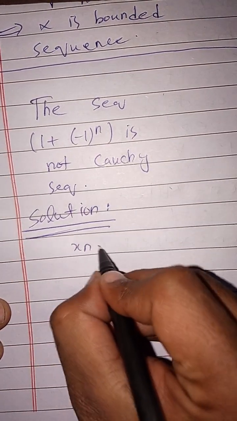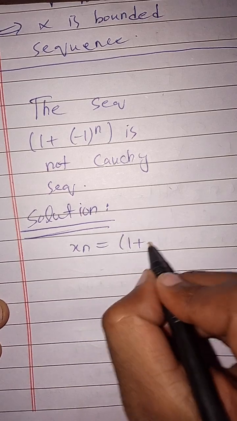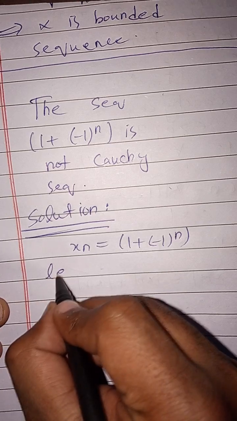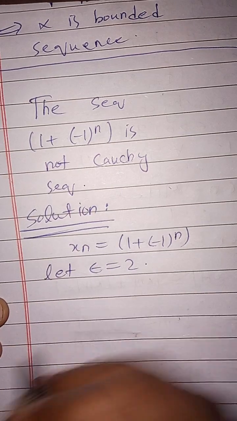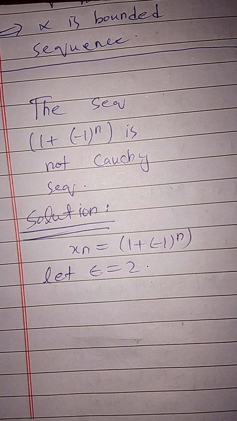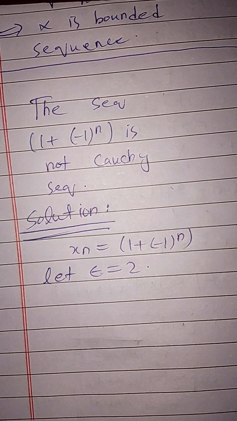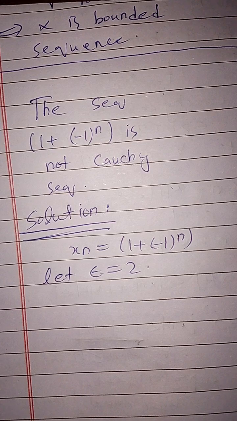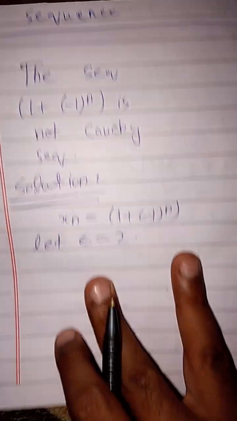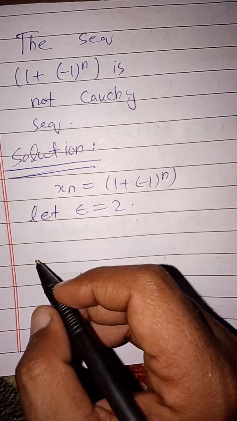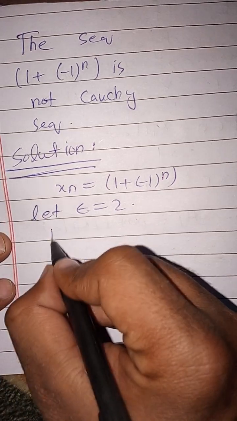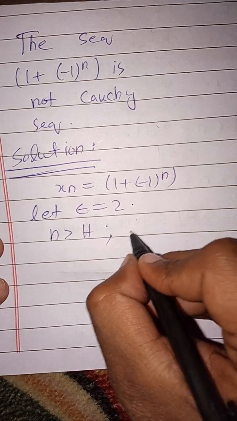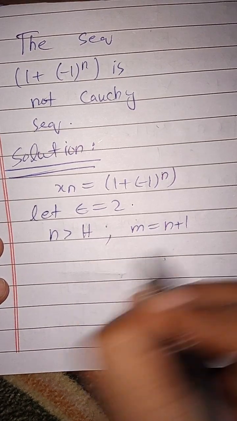Let xn equal to 1 plus minus 1 power n be the sequence. Let us take epsilon equal to 2. If we take epsilon equal to 2, and n is greater than H according to the definition, so m is equal to n plus 1.